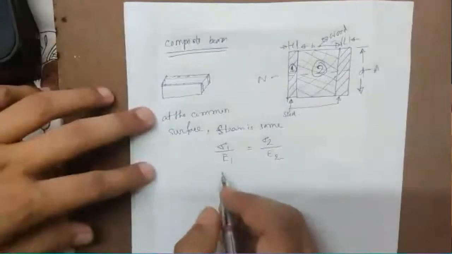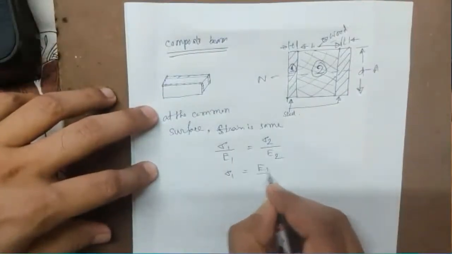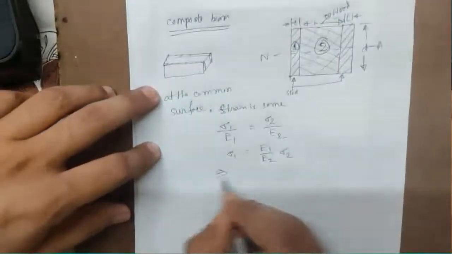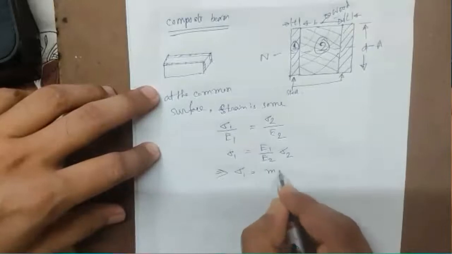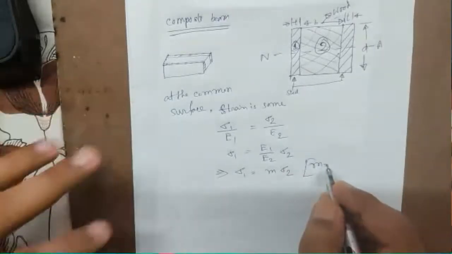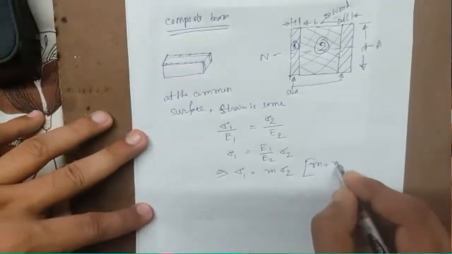So from here we can find a relationship like this, E1 by E2 into sigma 2, and this can be again rewritten as sigma 1 is equal to m into sigma 2, where m is called modular ratio.